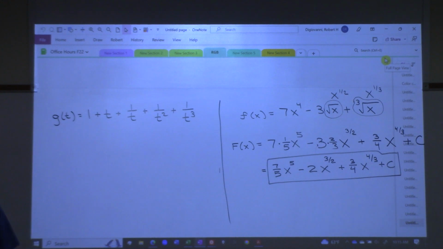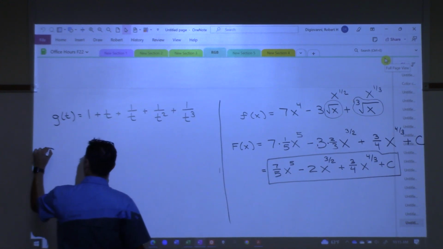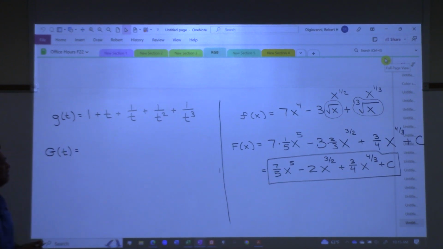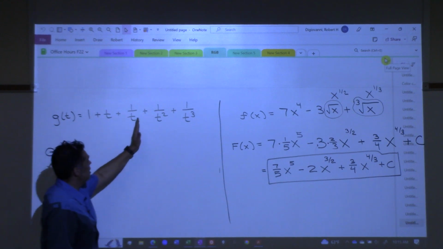We want to find capital G of t. Can I do those individually? Yes, I can do them individually.